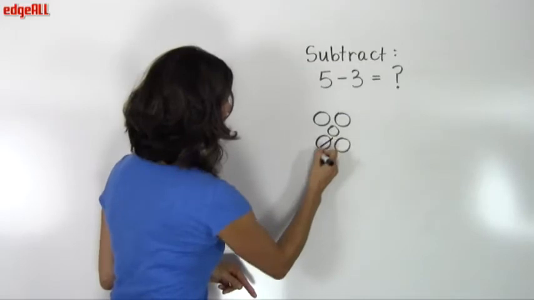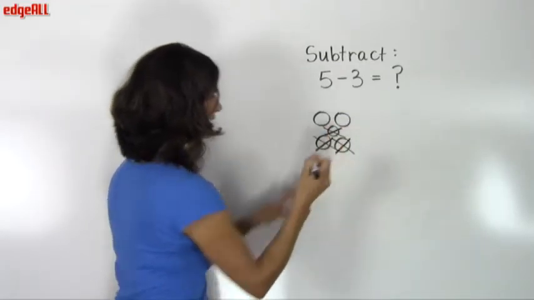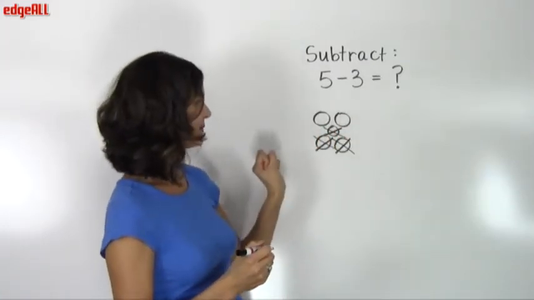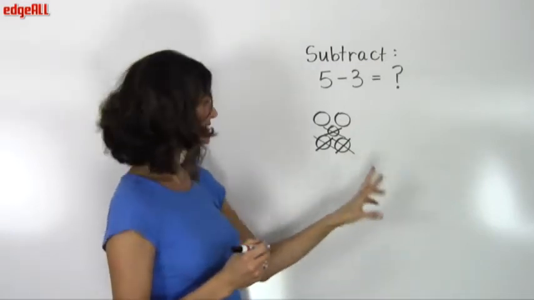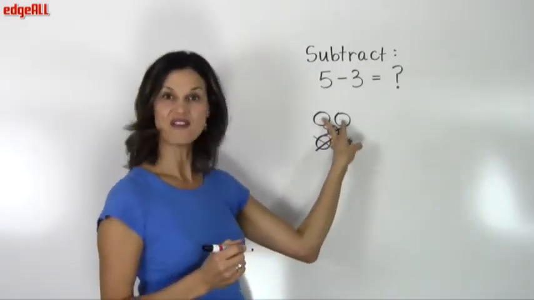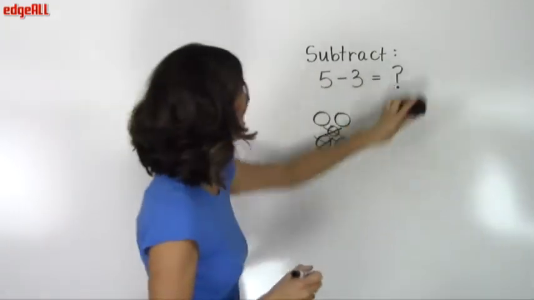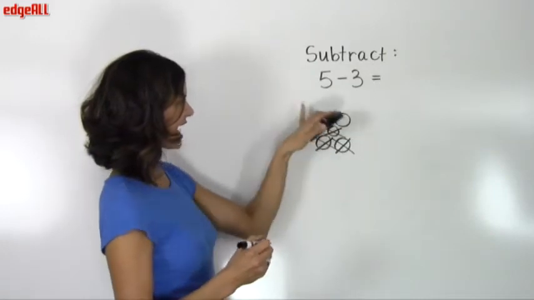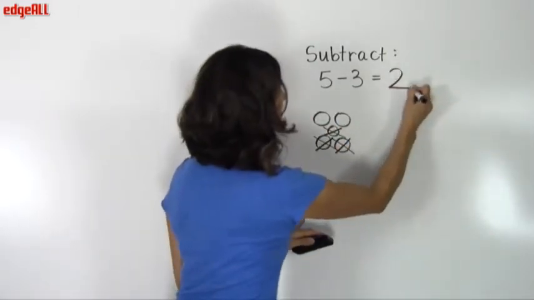So I'm just going to cross out 3 of them. We've taken these 3 basketballs away and we have subtracted them. And how many are we left with? We still have 2. So the answer here to my problem of 5 minus 3, or 5 take away 3, is 2.